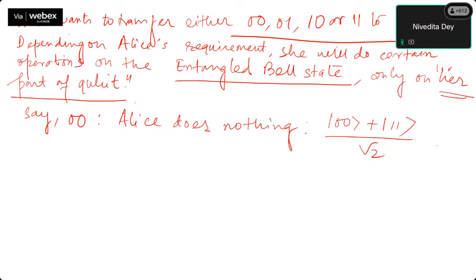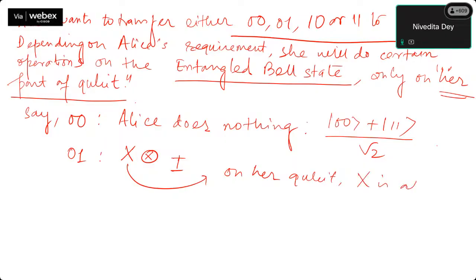If it is 01, then what Alice does is an X tensor product I. On her qubit, that is Alice's qubit, X is applied. X is a NOT gate or the Pauli X matrix. And on Bob's qubit, identity, that is nothing, is applied.